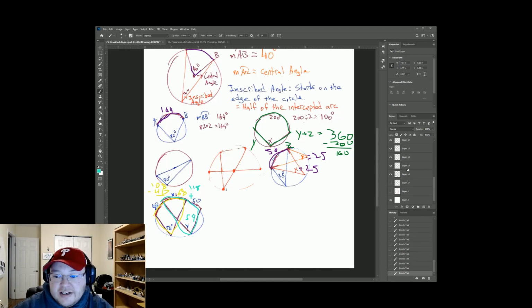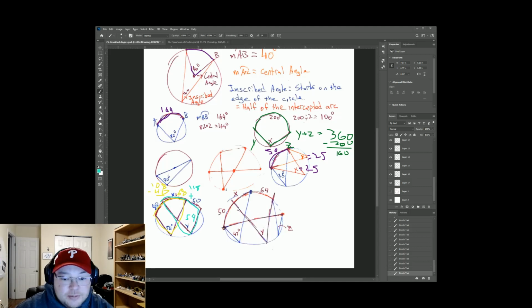Lastly, this whole hot mess of a problem, but like I said, you just do things one thing at a time. We know here to here is double 47. Double 47 is 94. So now you subtract 94 minus 50, and we get 44 here.